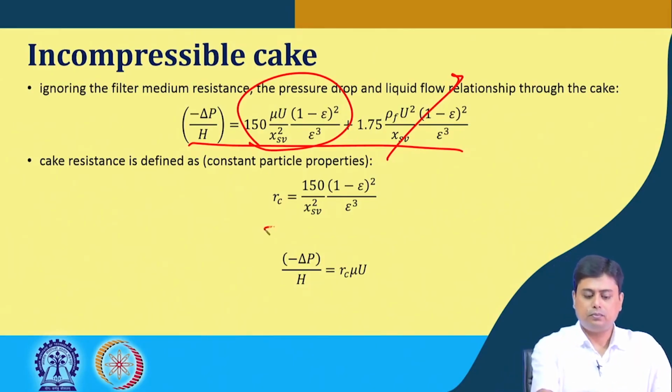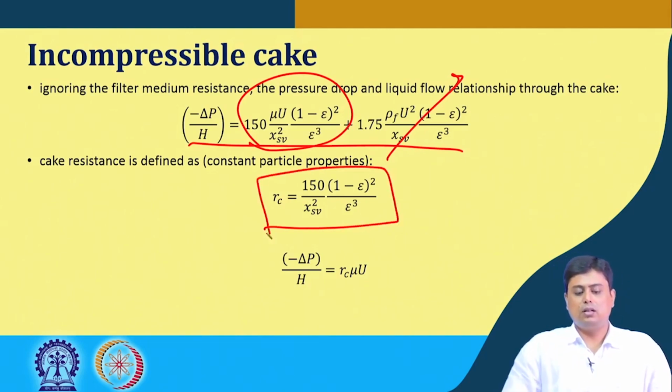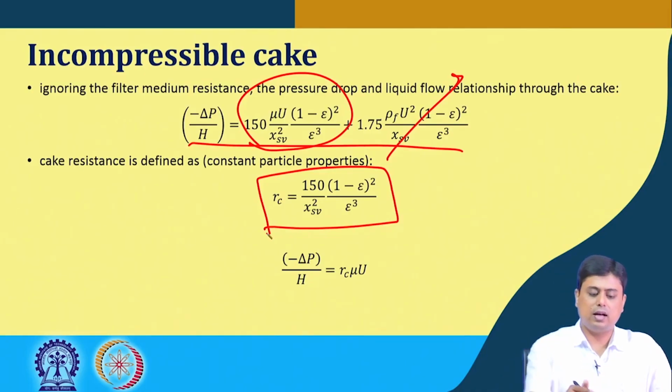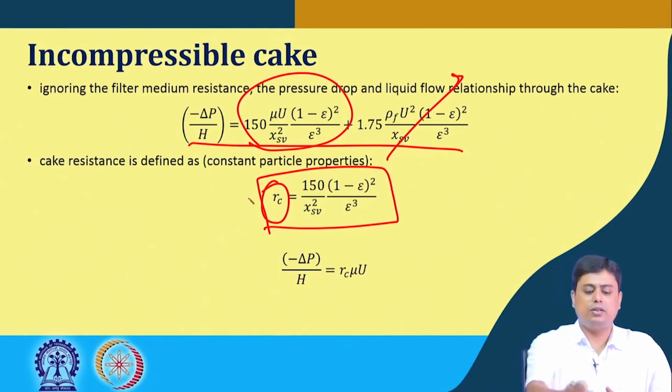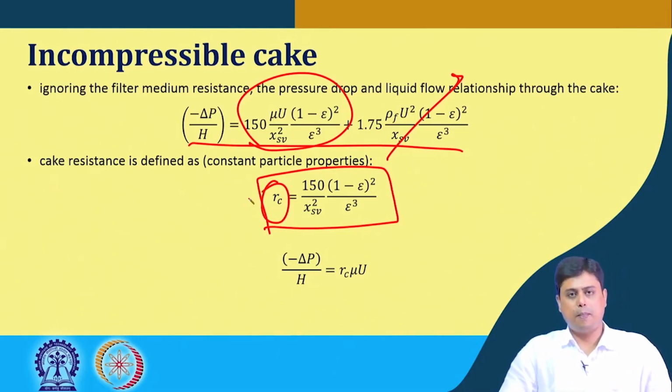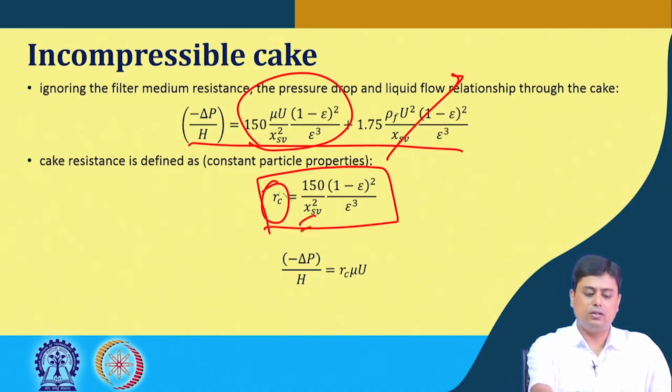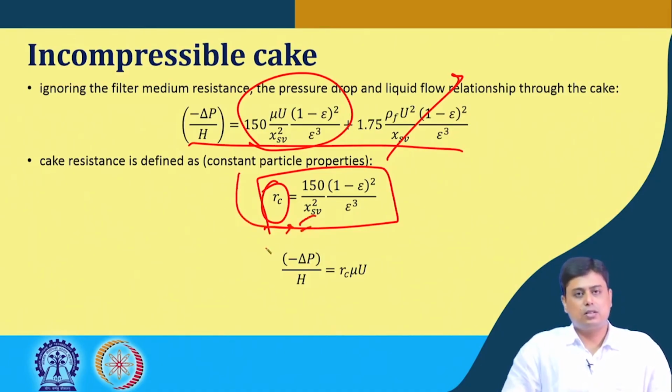If we define the specific resistance, let us define this R_C term as the specific resistance. Although the resistance changes with time, this specific resistance remains the same, because it has only parameters that consist of the solid particle characteristics, which we consider to be of constant values.